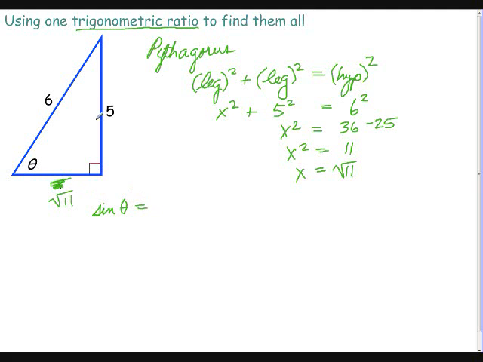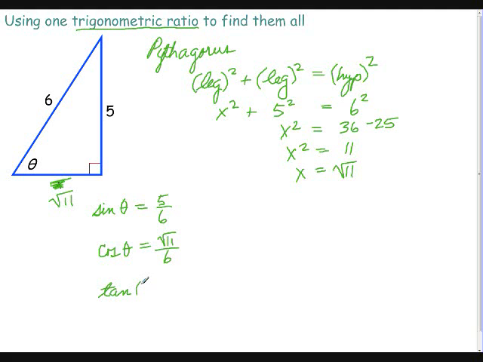Remember, it is the opposite over the hypotenuse, or our more recent language, y, if we had this in a coordinate plane, y over r. So 5 over 6. My cosine of theta is the square root of 11 over 6. That's right.